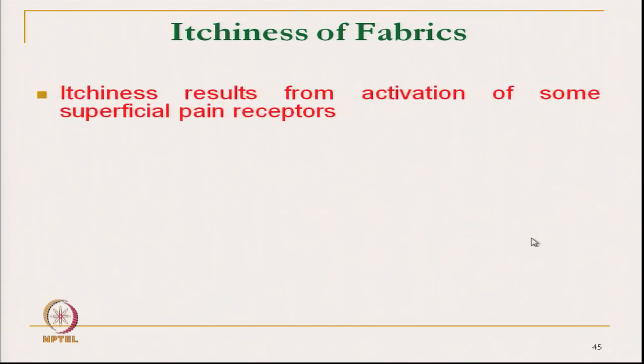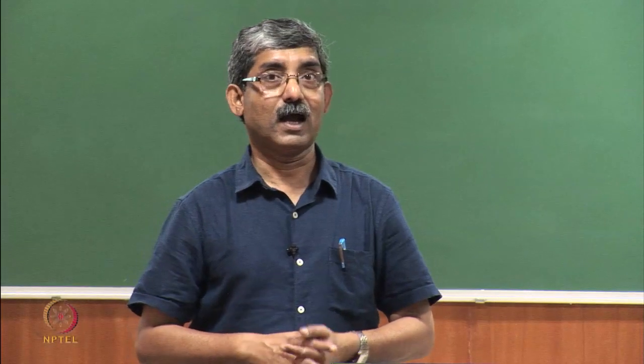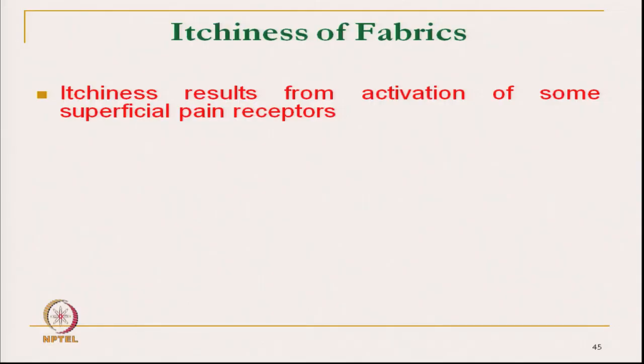Now, coming to another tactile response which is important, which is called itchiness of the fabric, and this itchiness is directly related, as we have discussed earlier. It is the activity of superficial pain receptors, directly related with the fabric prickliness.